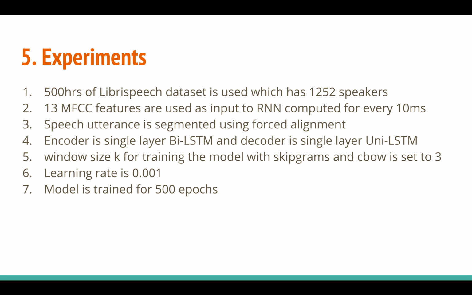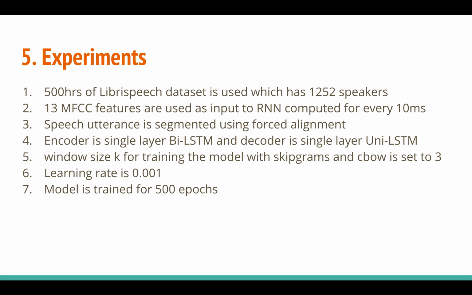Now we will see some experiments, what datasets are used and what the input features are. 500 hours of the LibriSpeech dataset is used, and that 500 hours of data has 1252 speakers. This is a subset of the LibriSpeech data, which is 1000 hours, and this data is studio recorded, also called broadband speech data.